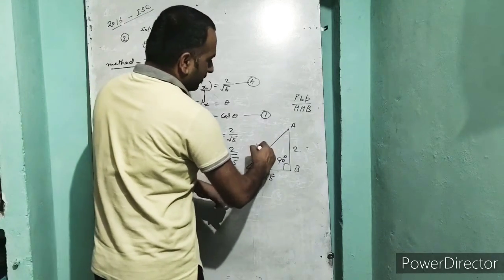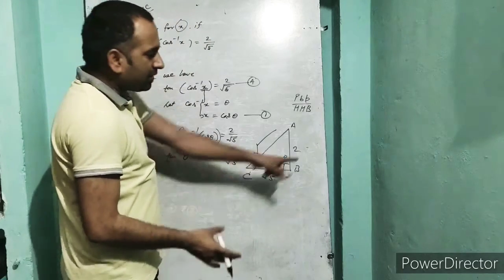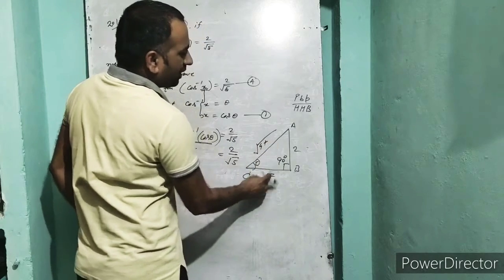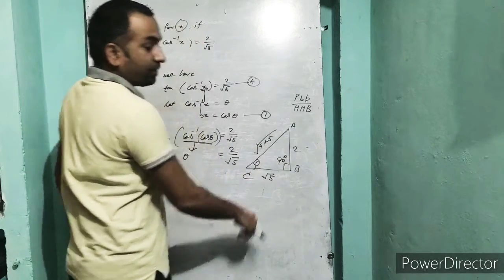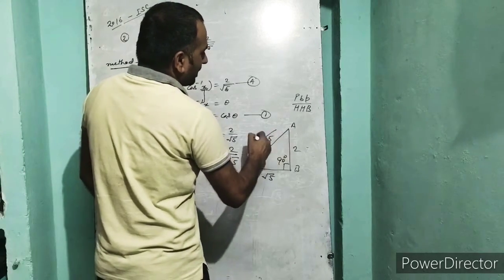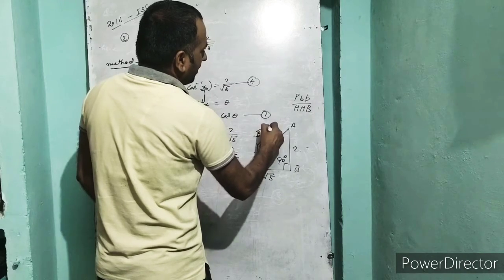Directly I am going to solve. What is the hypotenuse? Hypotenuse is root of perpendicular square plus base square. Perpendicular square means 4, plus base, root 5 to the whole square, is 5. So this will give you root 9, and root 9 is 3.